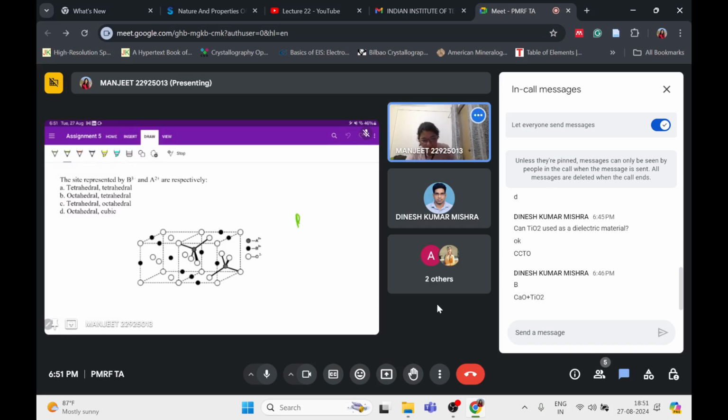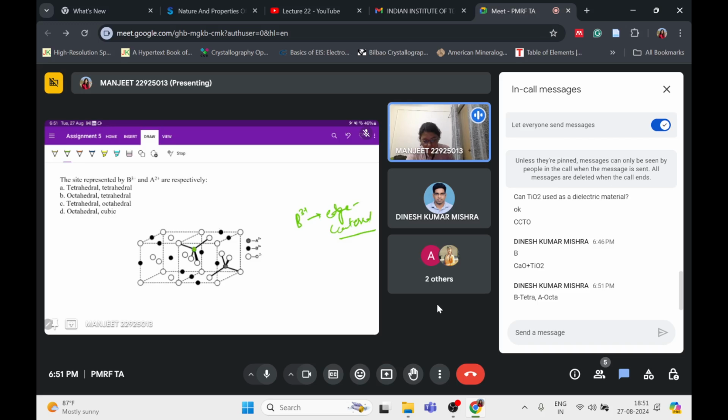Your B3 positive ions are at the center, and the A2 positive ions are connected to four atoms, so they are tetrahedral. The B3 ions are at the center, so they occupy the octahedral position.